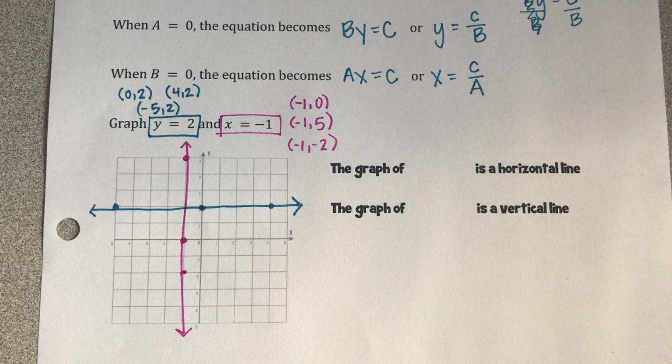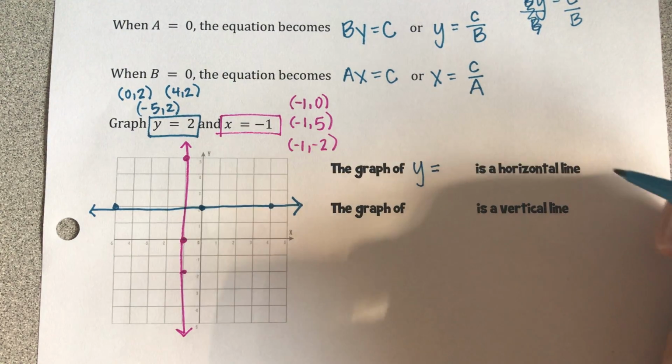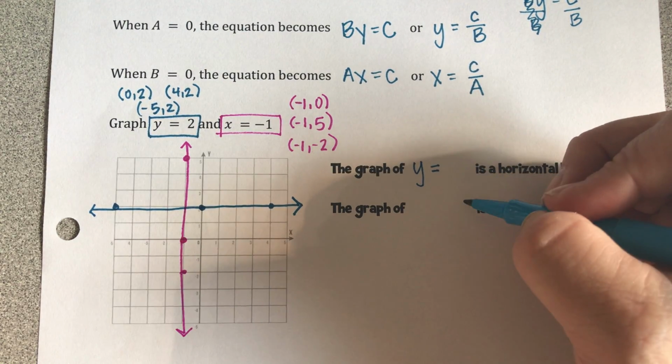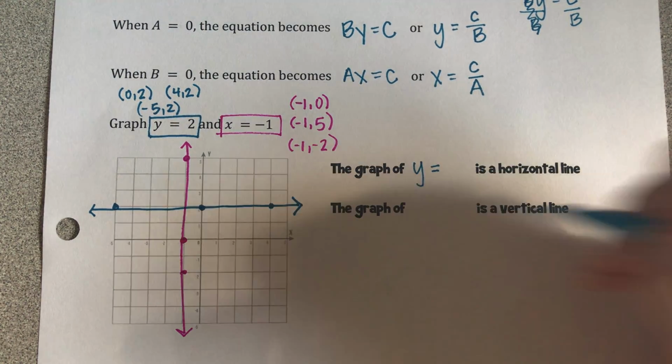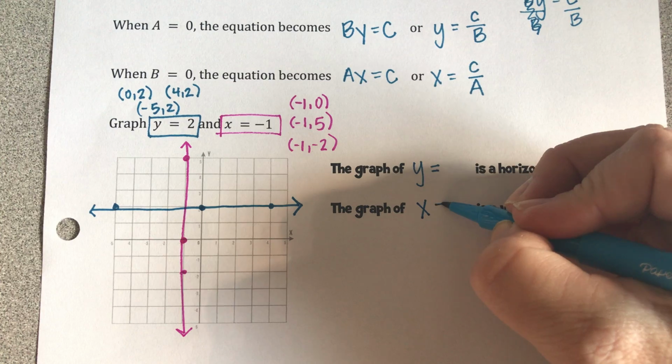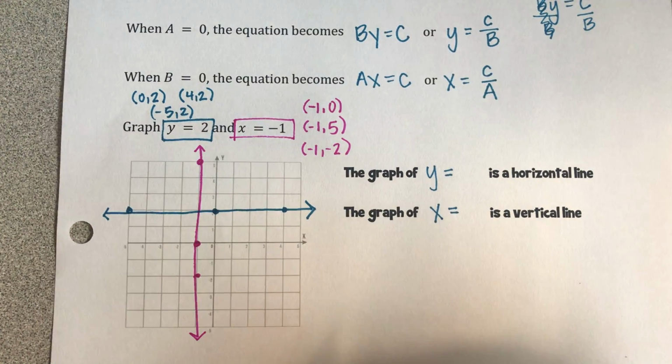Any point that has an x value of -1. So the graph of y equals a number is a horizontal line. The graph of x equals a number is a vertical line, sorry.